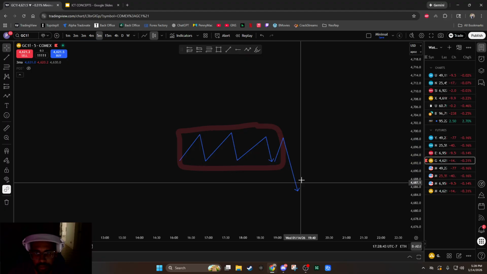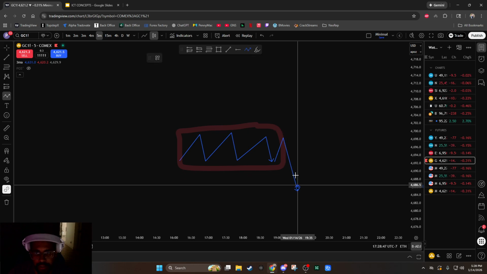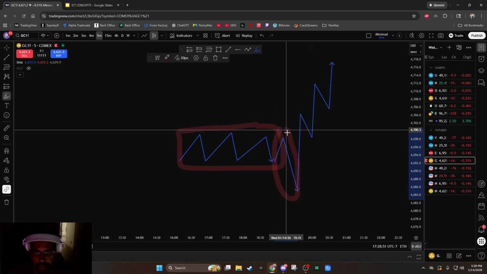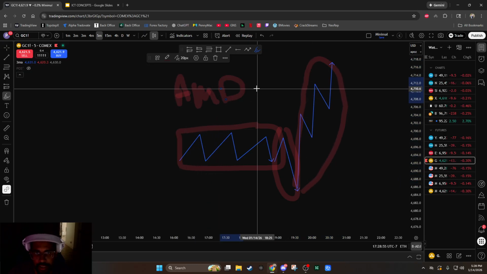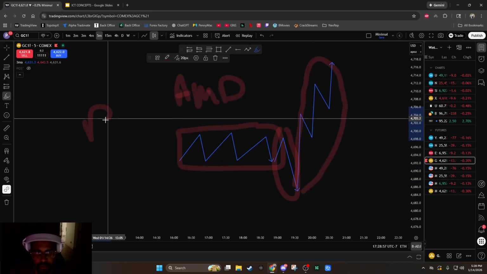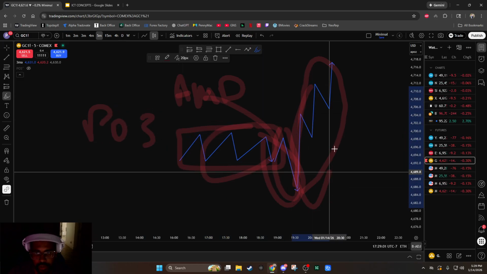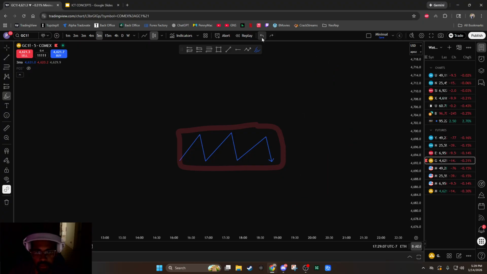Accumulation. What's the next step? Manipulation. And then what is this? Distribution. Accumulation, manipulation, distribution. AMD. Okay. Also known as power of three because it's 1, 2, 3. Accumulation, manipulation, distribution. Okay.